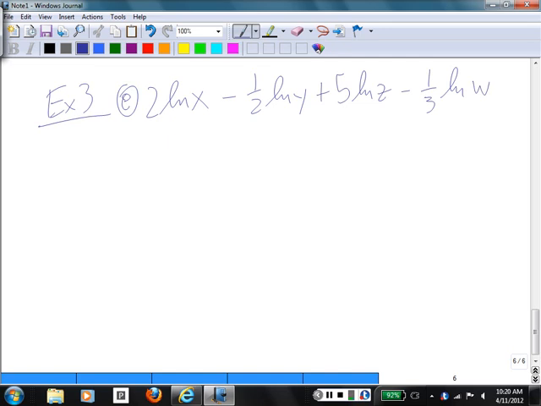If you want to condense that into a single logarithm with a coefficient of 1 and not show any work, just write the final answer.